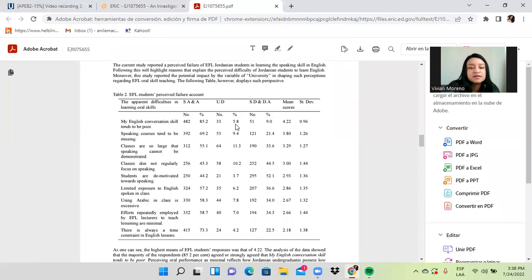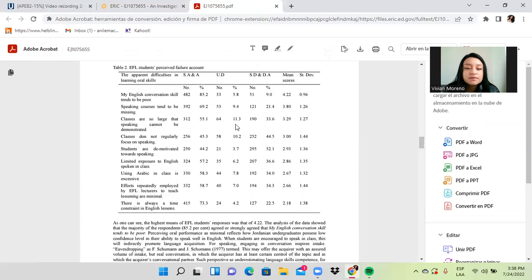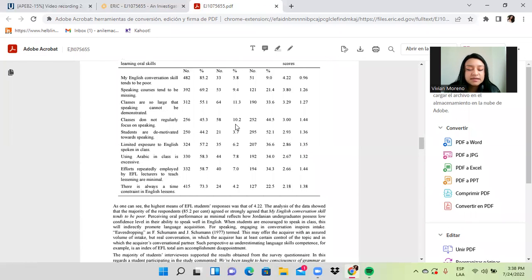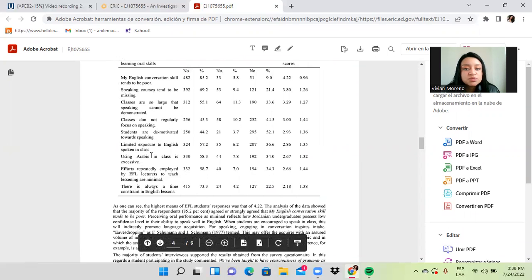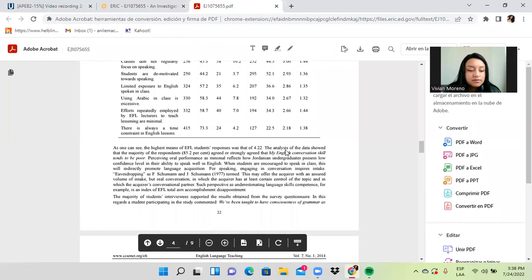So here you can find the results from the quizzes they had to take, right? From the questionnaires that they had to answer. Here you have specifically the topic of each one of the questions, and here you can also see the results.